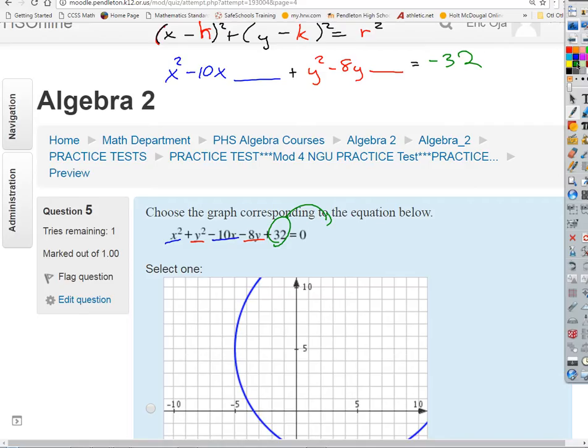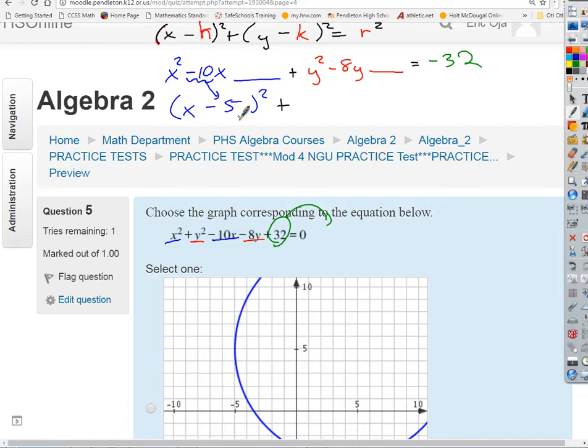Okay, so Bailey, what's the perfect square for x going to be? What's the number that's going to go with x? It's got to be −5, right? It's half of b, because when we put it in the form x² + bx, we know that half of b is what goes with x in the perfect square.